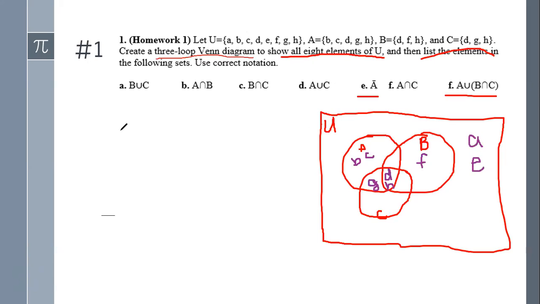So first one, E, is the complement of A. And if you remember, the complement of A means that it is everything that isn't an A. So let's look at A. And looks like the letters not in A are A, E, and F. All right, and that's all you have to do for that one.